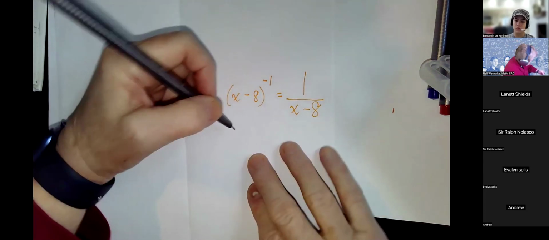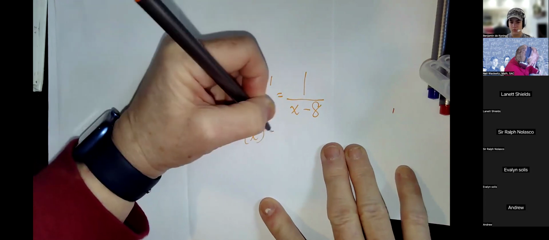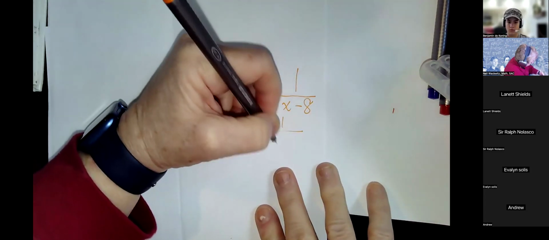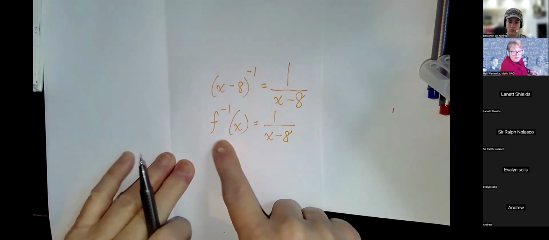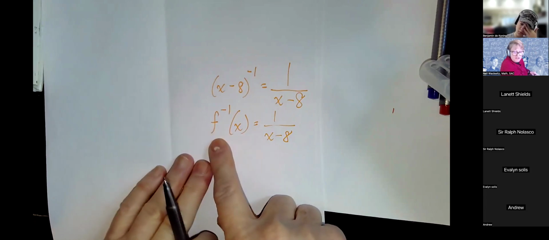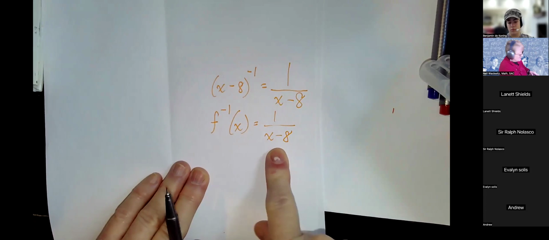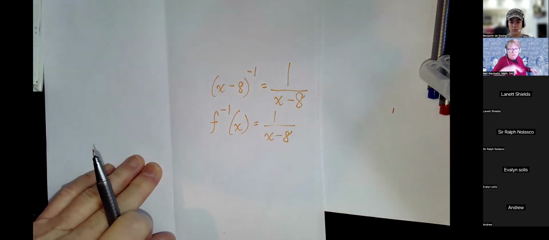But if we had f inverse of x equals 1 over x minus 8, this is saying that somewhere there's a function and its inverse is 1 over x minus 8. This does not mean x minus 8. We're not flipping it.